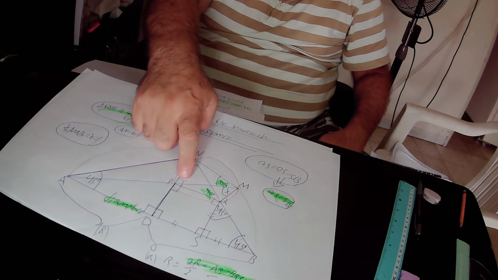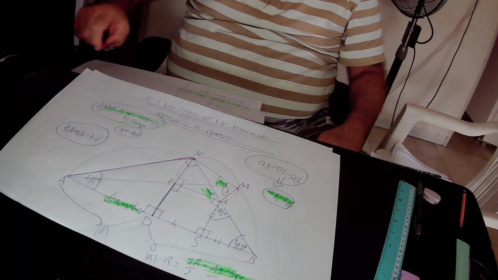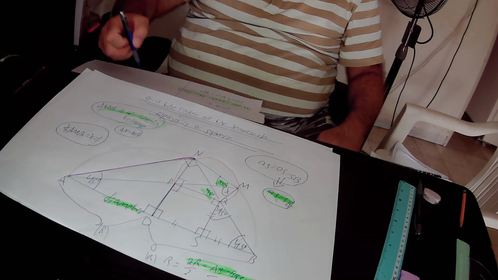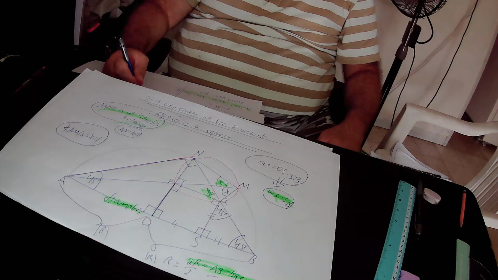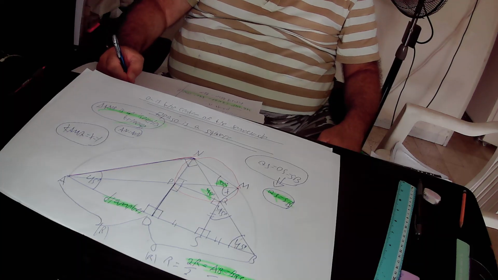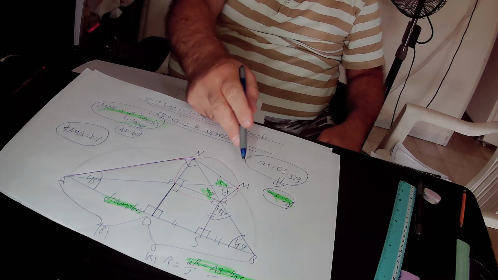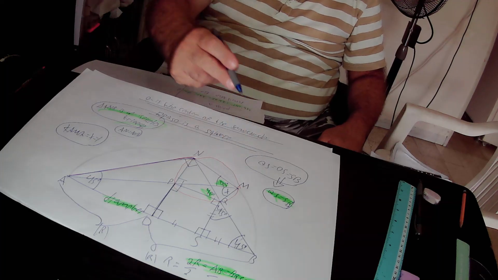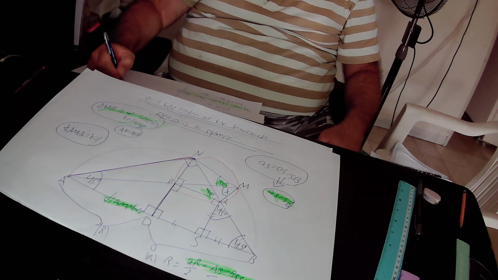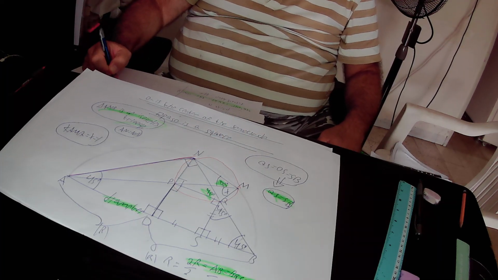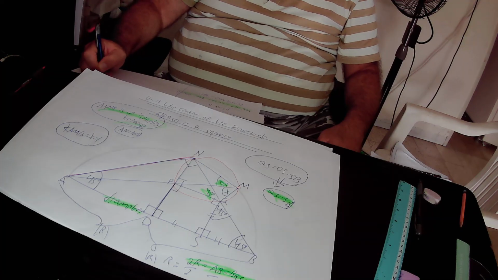This is angle NPQ, that is the right angle, plus the opposite angle NMQ. In total, it must be equal to 180 degrees.